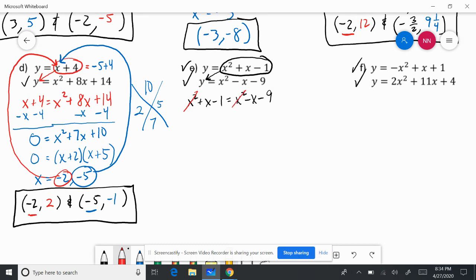We no longer have a quadratic equation, we have a linear equation. With a linear equation, we want to get the x's on one side. So I'm going to add the x, and I get 2x minus 1 equals -9. Add the 1, and I get 2x is equal to -8. I divide it by 2, x is equal to -4.